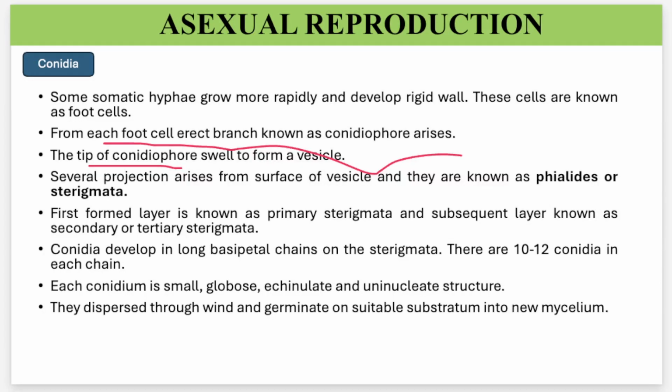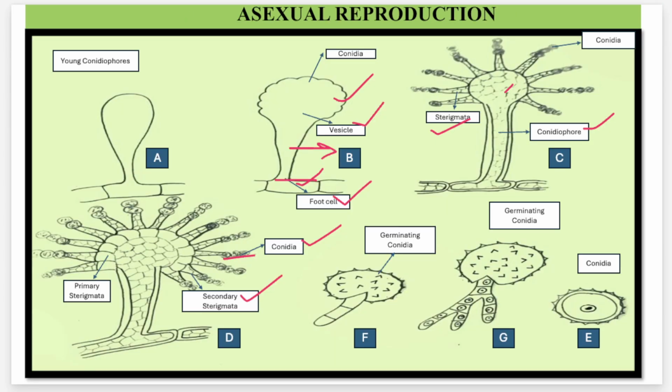Several projections are developed from the vesicle, known as phialides or sterigmata. This type of sterigmata you can see in the vesicle, and above this conidia form, and it is divided into primary and secondary sterigmata.